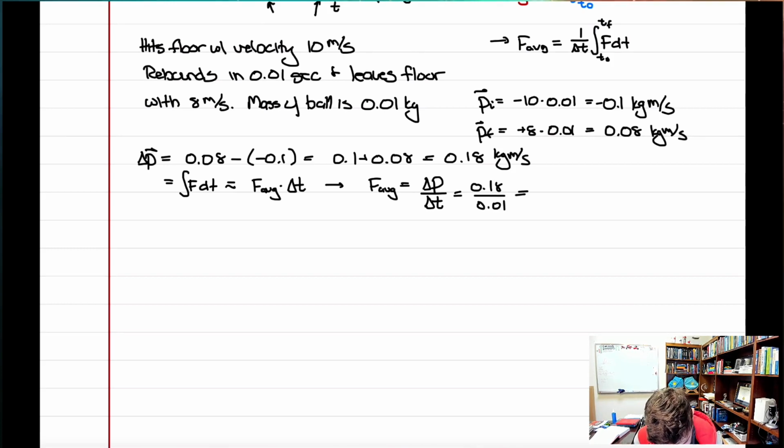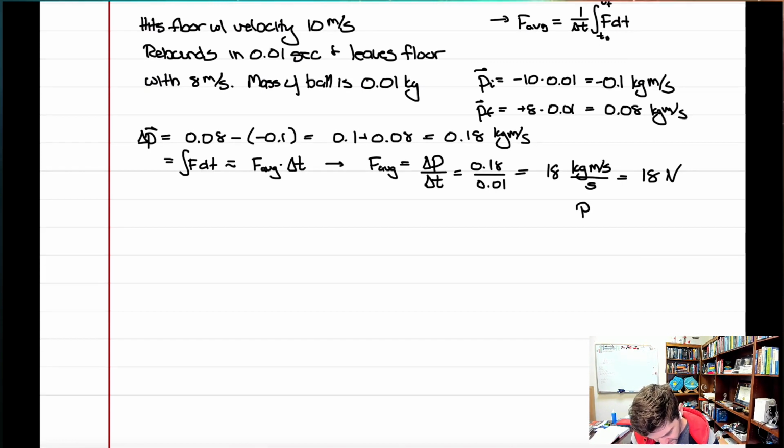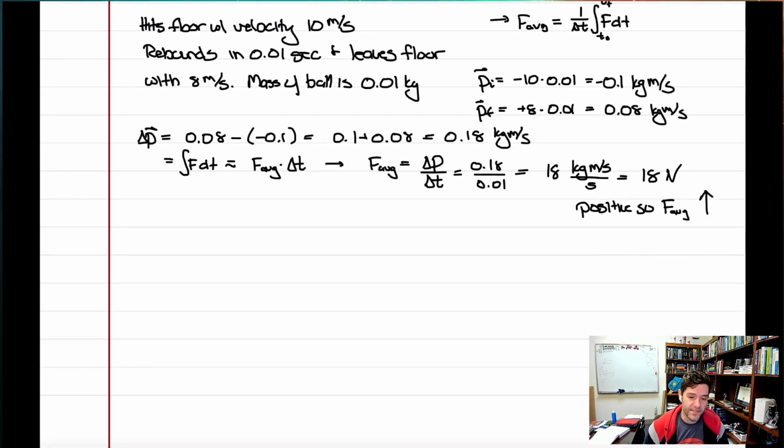So then this becomes 18 kilograms meters per second divided by seconds, which looks like a mass times an acceleration unit-wise, so then 18 newtons. Positive 18 newtons. Right, positive. So this average force is pointing up in this case.